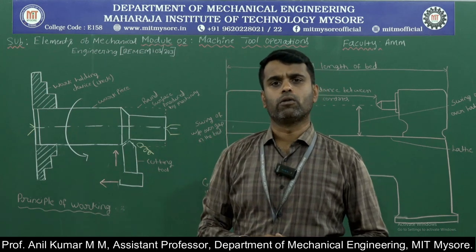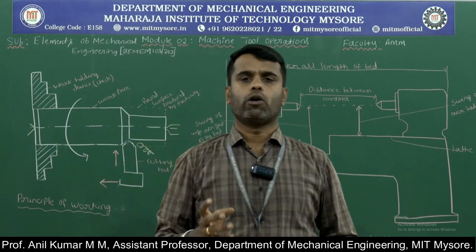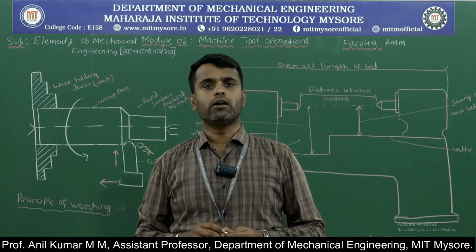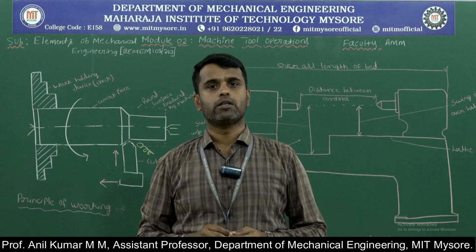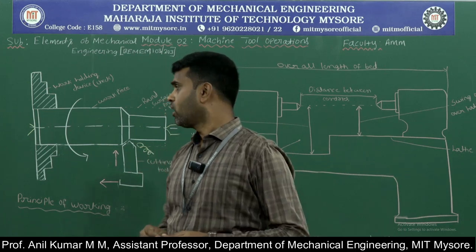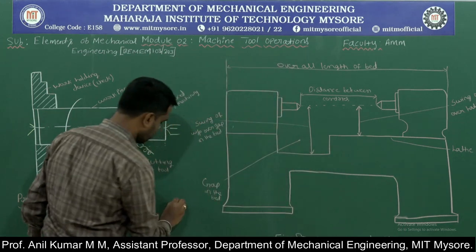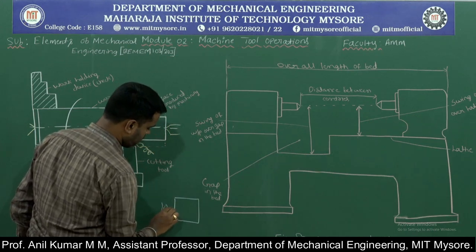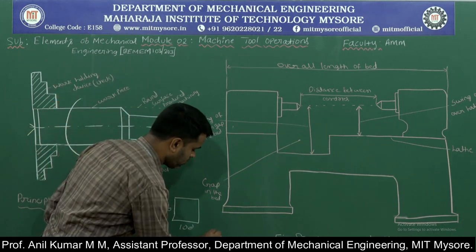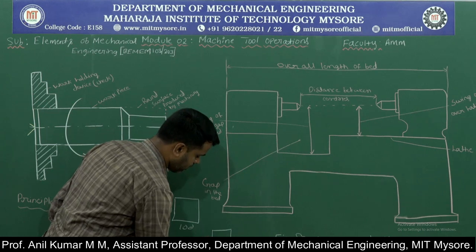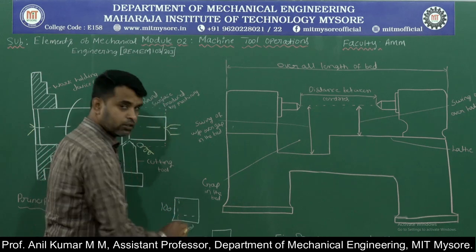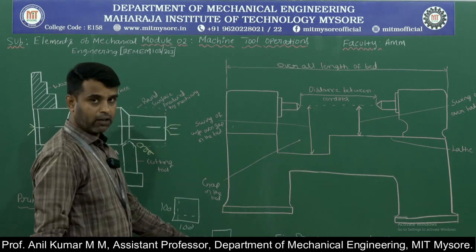Before getting to know the machine tools, let us discuss what you mean by machining. Machining means removing the excess material from the workpiece in order to get the desired shape and size. For example, if you have a workpiece of around 100 by 100 mm, and you have to convert it to the required size of 75 by 75 mm, we will cut the excess material to bring it into the required shape and size.